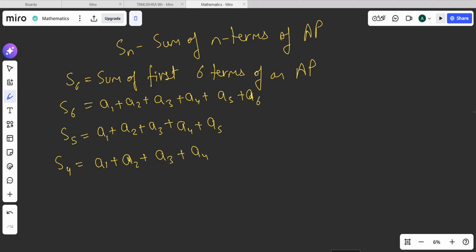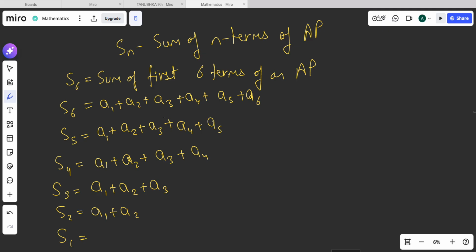This will be the sum of first 4 terms of an AP. What about S3? This is the sum of first three terms of an AP, A1 plus A2 plus A3. S2, the sum of first two terms of an AP, A1 plus A2. What about S1? What if it's just S1?